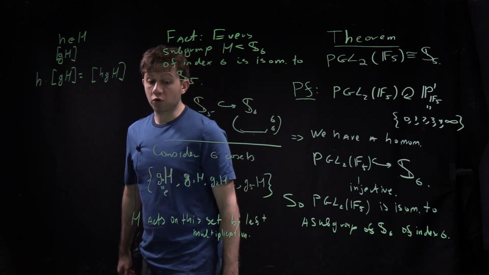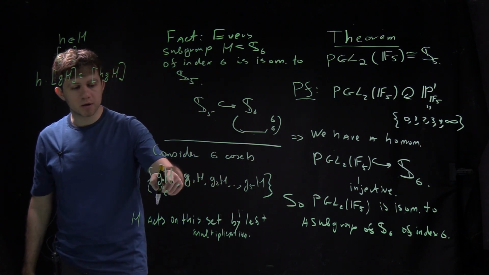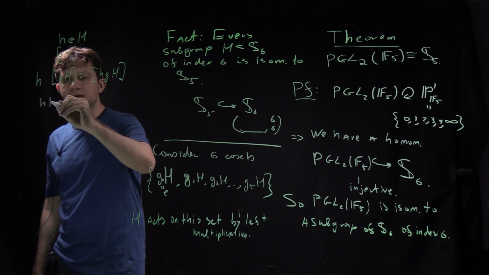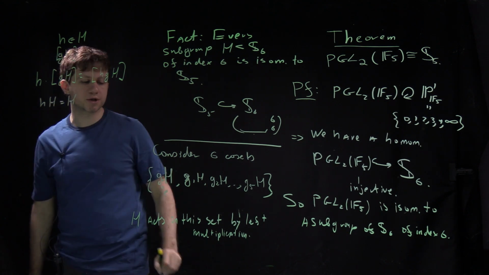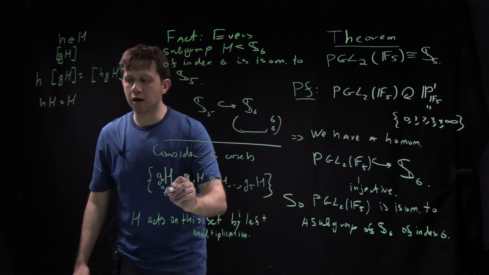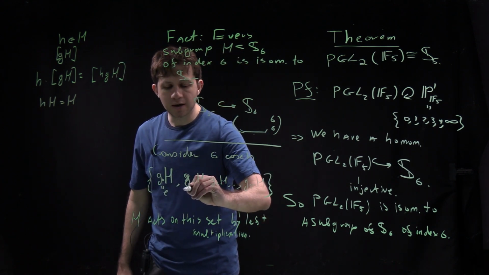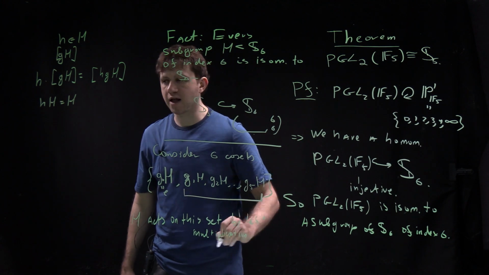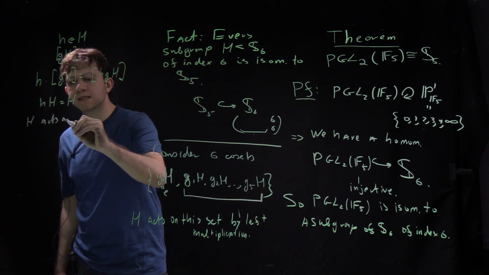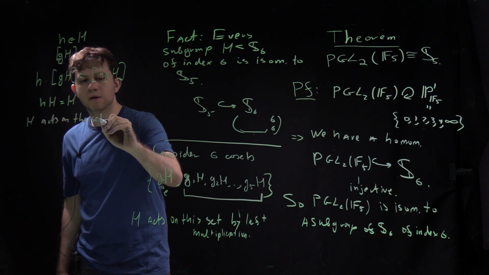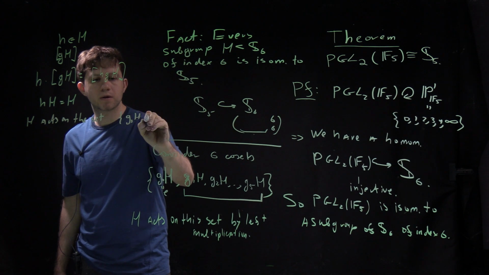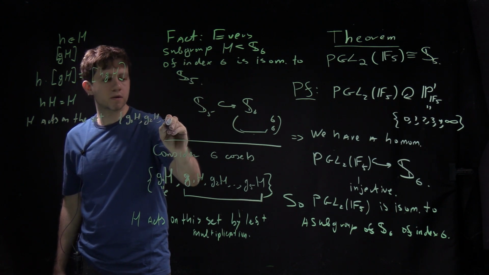And moreover, we know that this one goes to identity. So H times H is H, because H is a subgroup. So there is a fixed point, and it means that actually H acts on these 5 elements: G1H, G2H, and so on, up to G5H.